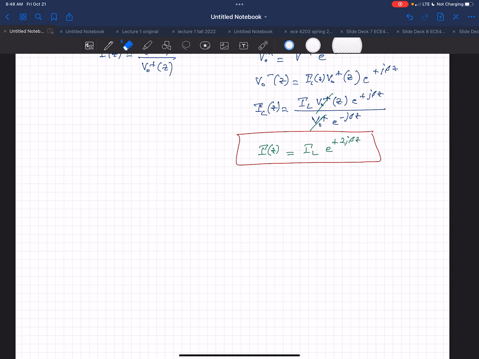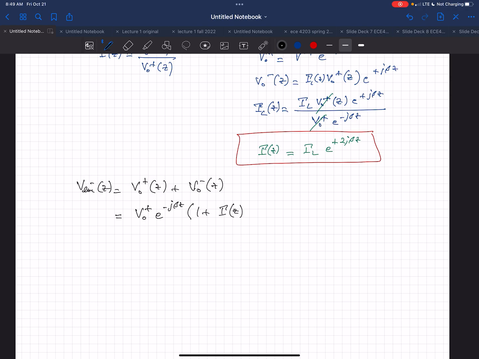Okay, so now let's look at the line voltage at any point, which is the sum of the forward going voltage and the reverse going voltage. We can write that in terms of the forward going voltage, e to the minus j beta z times 1 plus gamma of z. Just plugging this in.